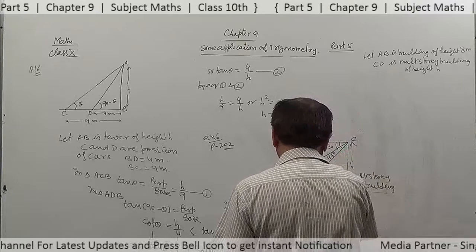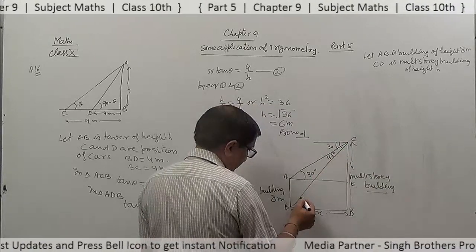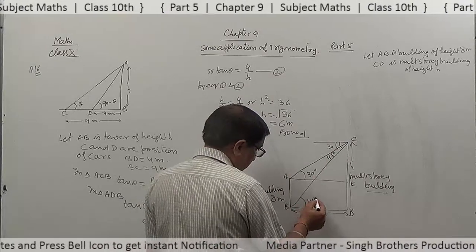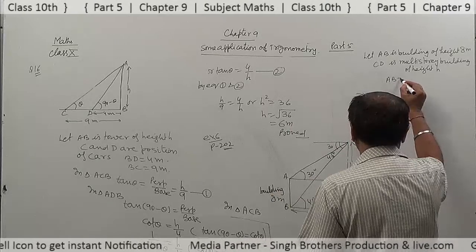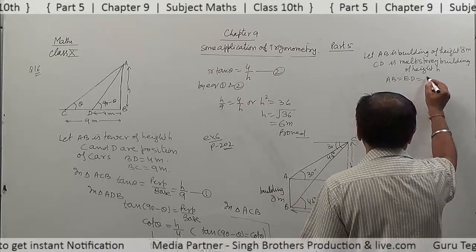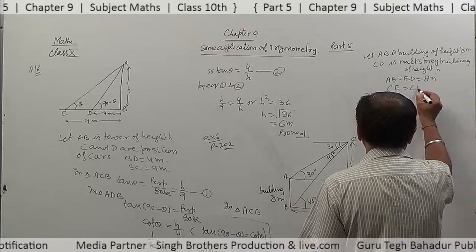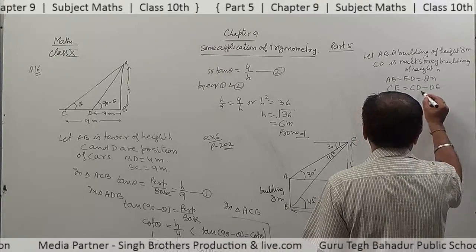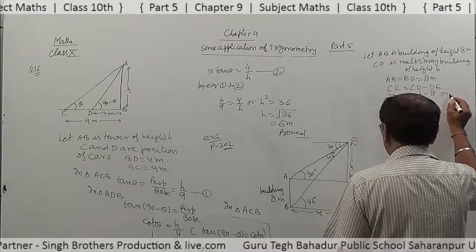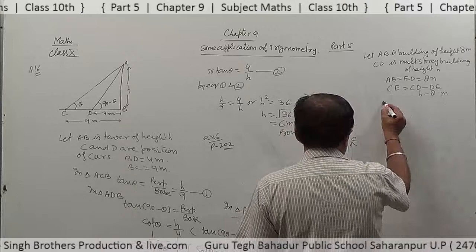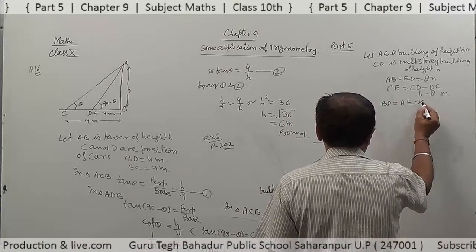So this is 30, it will be 30 degrees. This is 45, it will be 45. AB is equal to ED is equal to 8 meters, CE is equal to CD minus DE, h minus 8 meters. BD is equal to AE is equal to x.